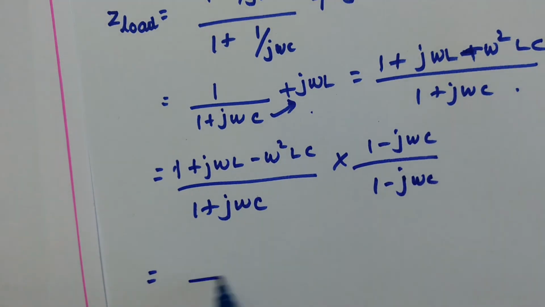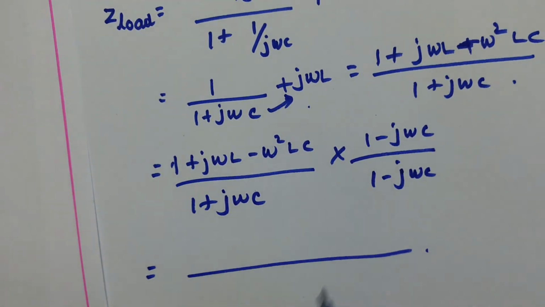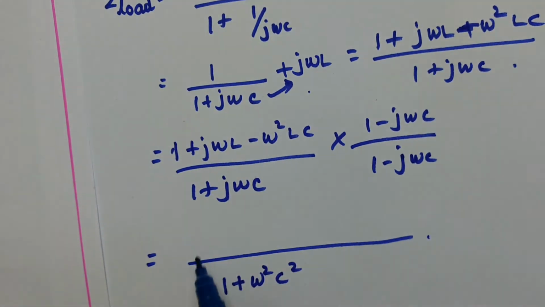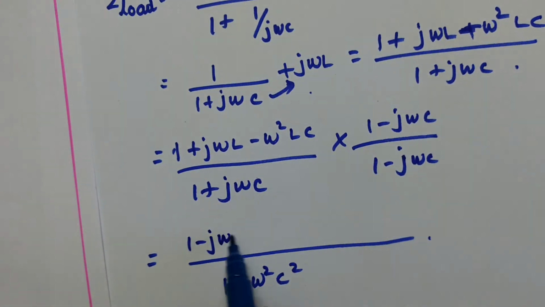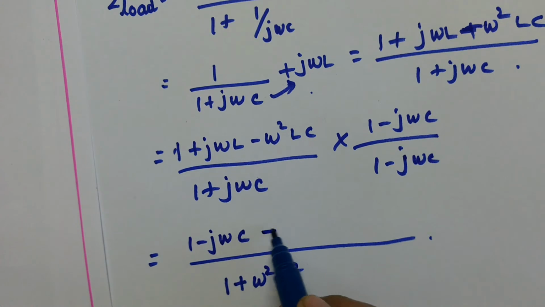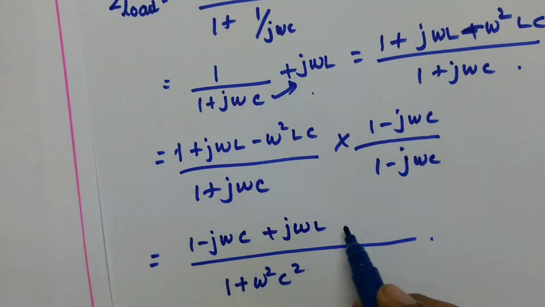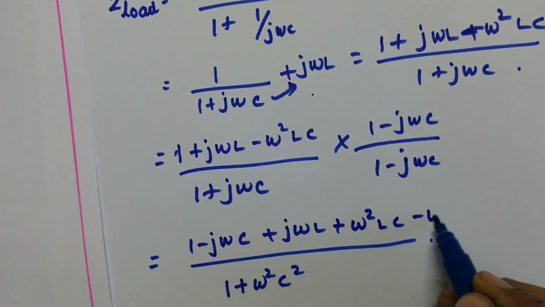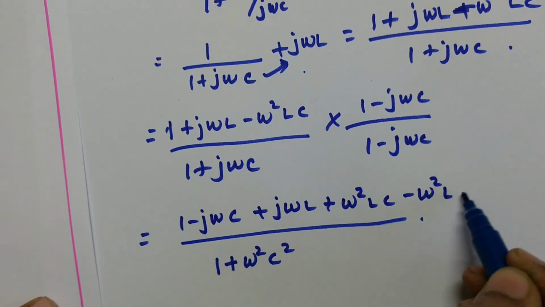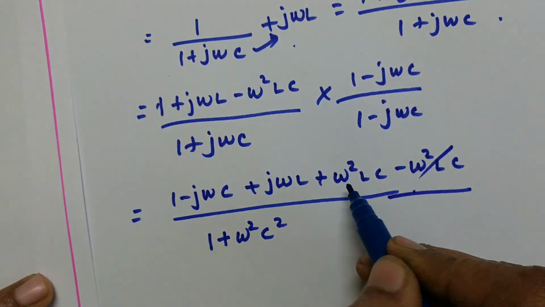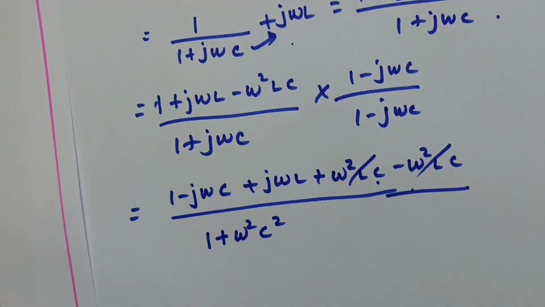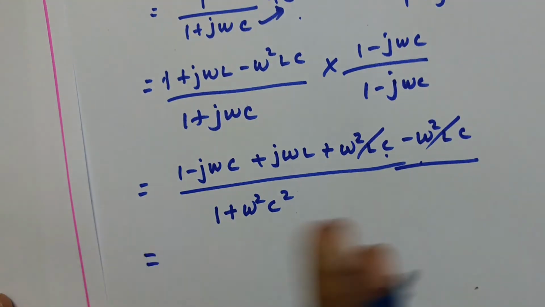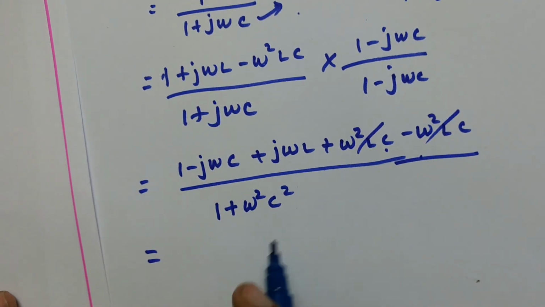So the denominator term will become 1 square plus omega square C square, and here multiplying this by 1 minus J omega C, we get plus J omega L plus omega square LC minus omega square LC. So this will get cancelled and here let me separate real part and imaginary part.